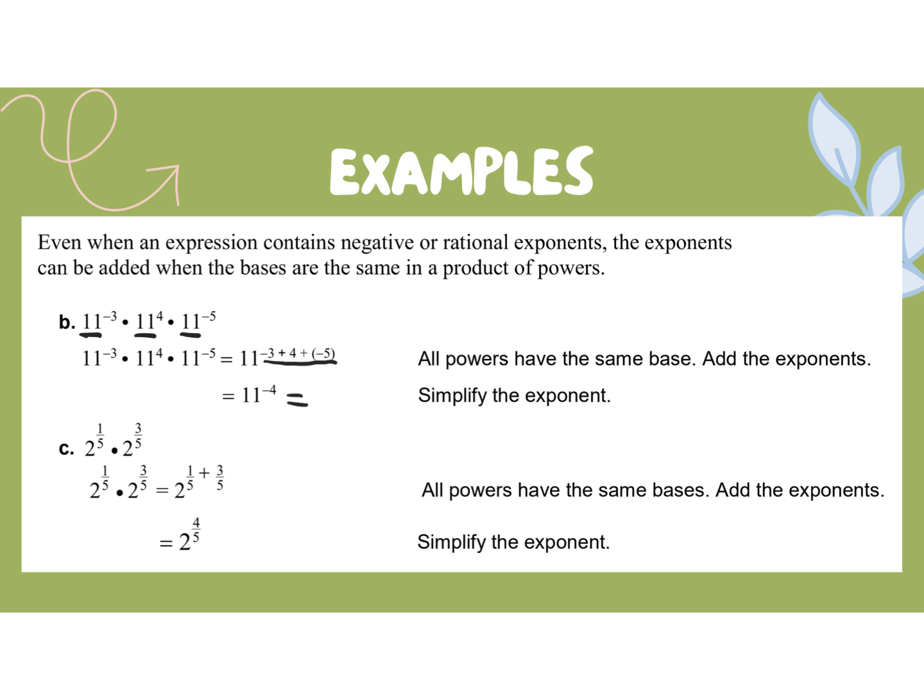But to simplify your answer fully, we said that we don't want negatives in the exponent. So this is the same as 1 over 11 to the positive 4. The negative exponent moves your answer to the bottom.